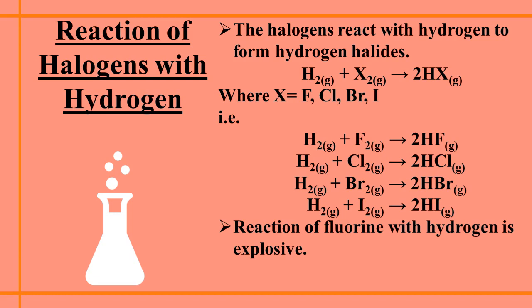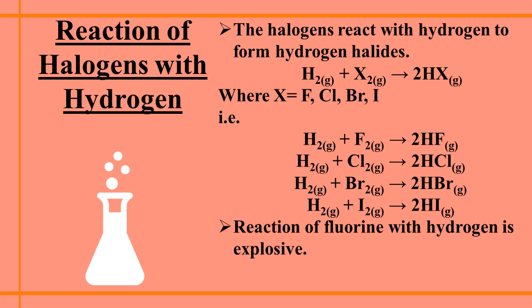Reaction of halogens with hydrogen, meaning how the halogens react with hydrogen. The halogens react with hydrogen and form hydrogen halides. Here you can see in the equation H2, hydrogen gas, is reacting with X2 molecule and forming HX, where H shows the hydrogen and X is for halogen.